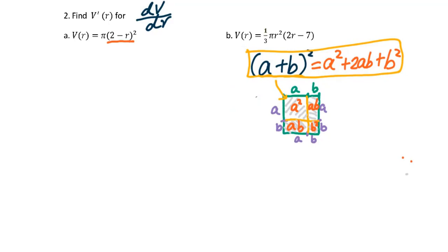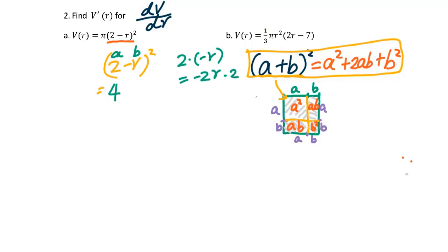Now, for 2 minus r squared, you can get this is A, here's B. So A squared is 4. These two multiply: 2 times negative r, that means negative 2r. Then you have to multiply by 2, see, 2AB, you get negative 4r. Then negative r squared, remember, is a positive r squared.